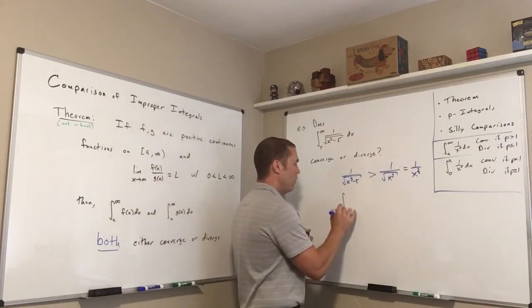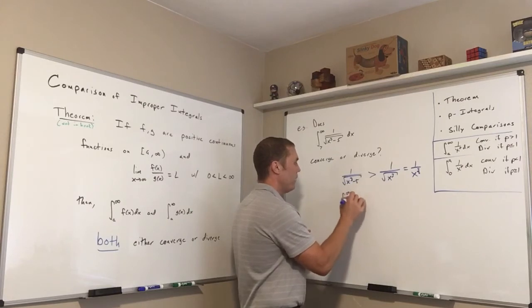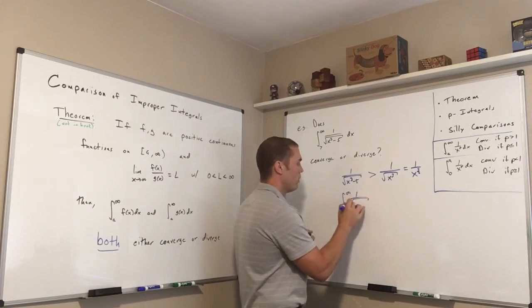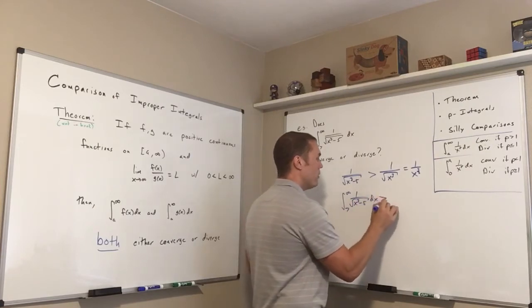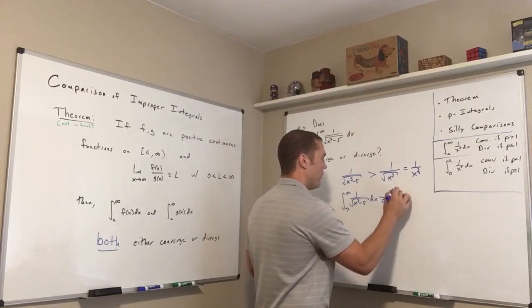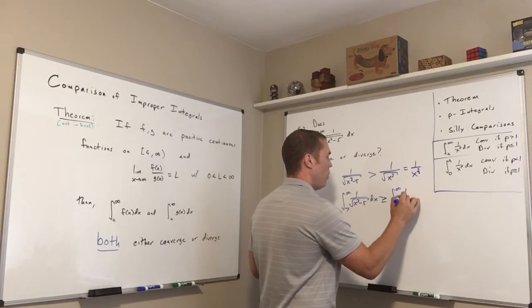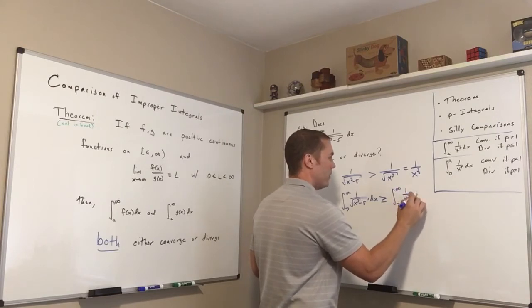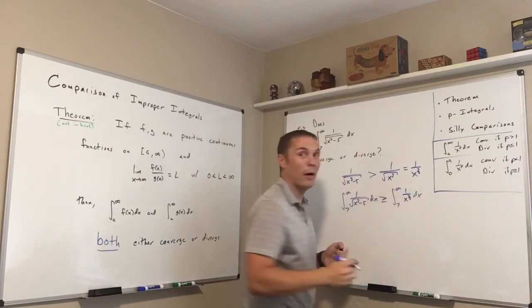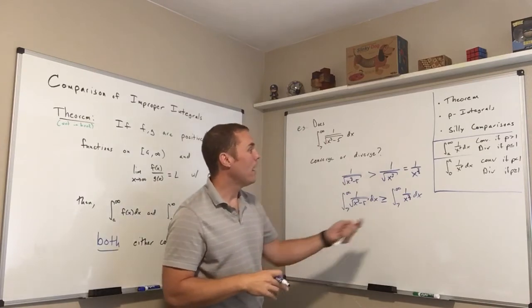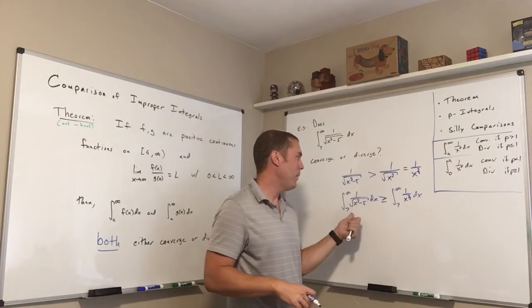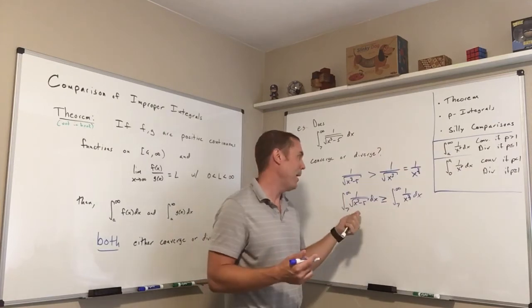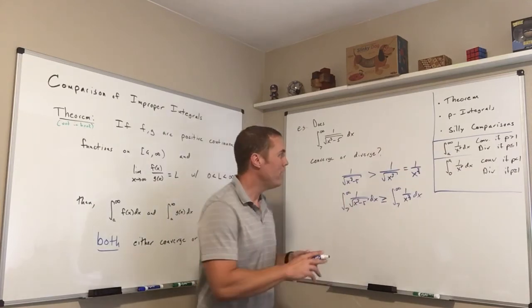The integral from 7 to infinity of 1 over the square root of x cubed minus 5 dx is greater than or equal to the integral from 7 to infinity of 1 over x to the 3 halves dx. I apologize for the dog barking. This is finite by the p integrals, but being bigger than or equal to a number doesn't tell me anything about this expression here. So we need a different attack.